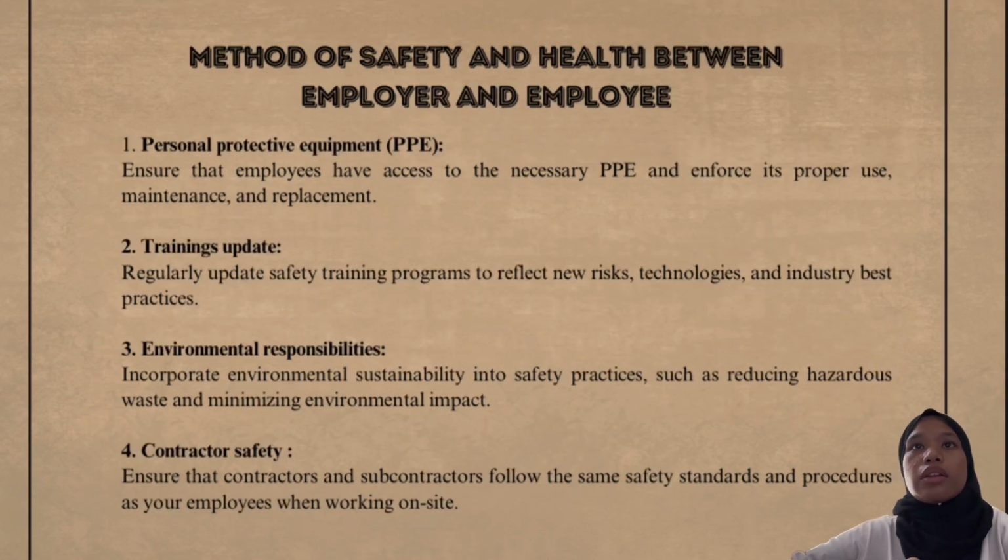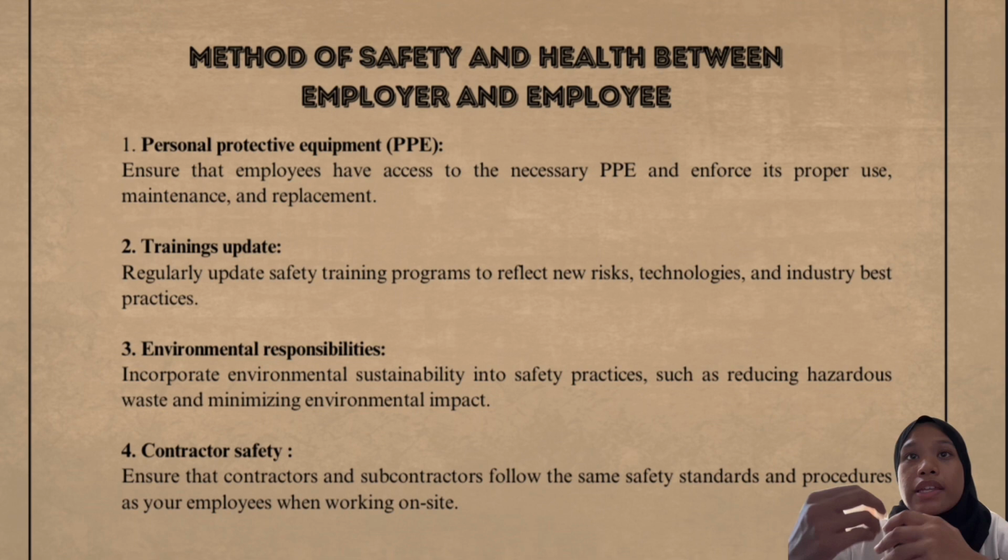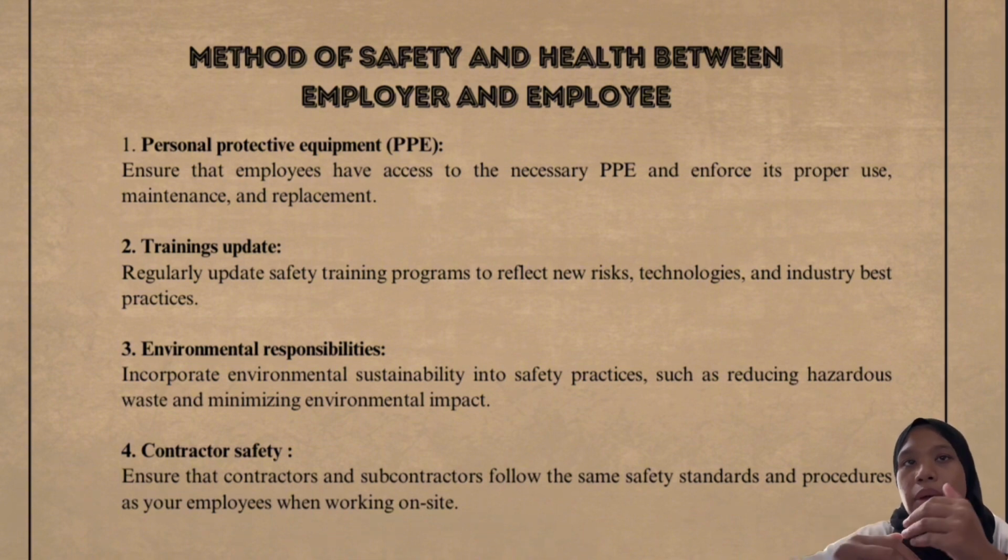For the methods of safety and health between employer and employee, there are four methods. The first is personal protective equipment, PPE. Ensure that employees have access to the necessary PPE and enforce its proper use, maintenance and replacement. The second is training update. Regularly update safety training programs to reflect new risks, technologies and industry best practice.